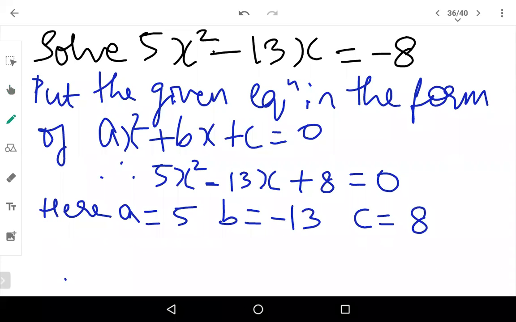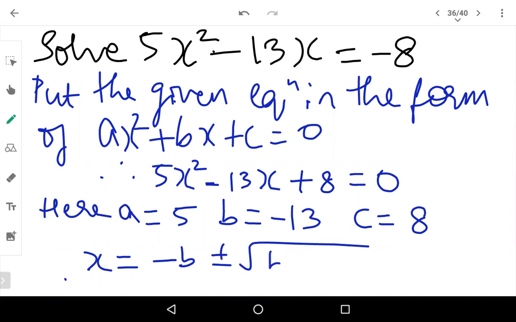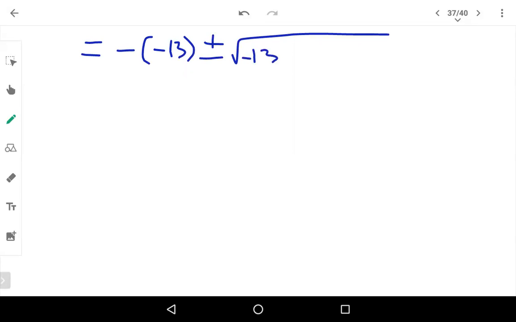Okay, write down the formula. x is equal to minus b plus or minus square root of b square minus 4ac divided by 2a. Now let us apply everything into the formula. Minus b, what is the value of b? 13. Minus of minus 13 plus or minus square root of minus 13 square minus 4 into, what is a? 5 into c is 8.